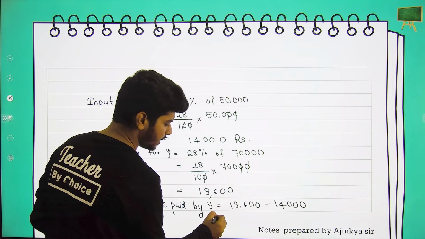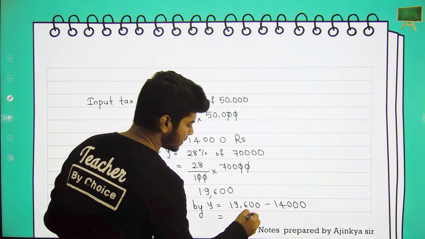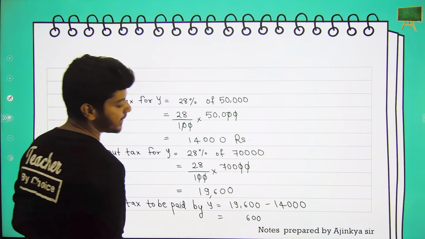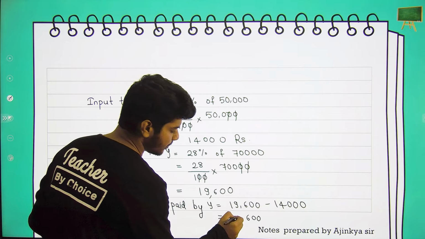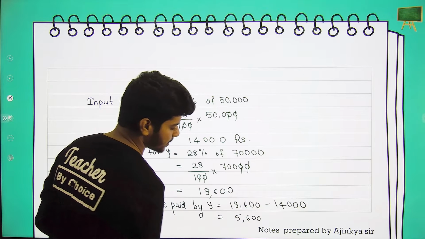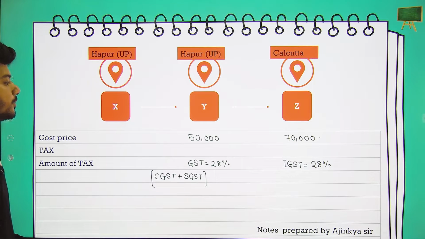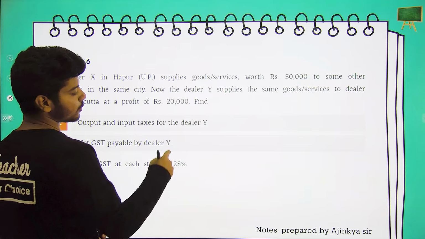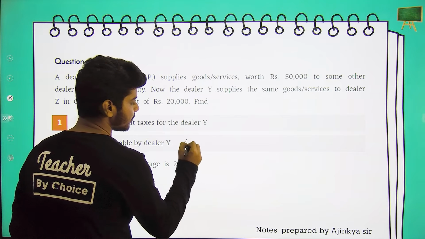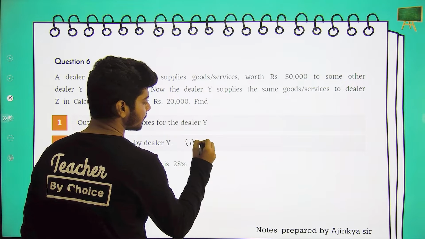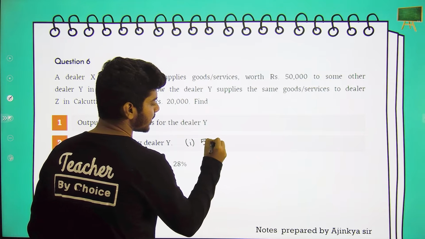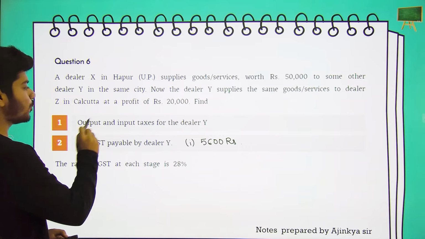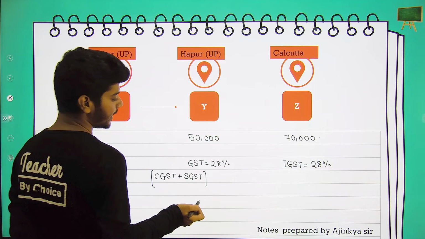So which is equal to how much are we getting? 19 minus 14, which will be 5,600 rupees. Let's see, net tax payable is 5,600 rupees. First one is 5,600 rupees. And next they are asking us about output and input taxes, which we have already calculated.